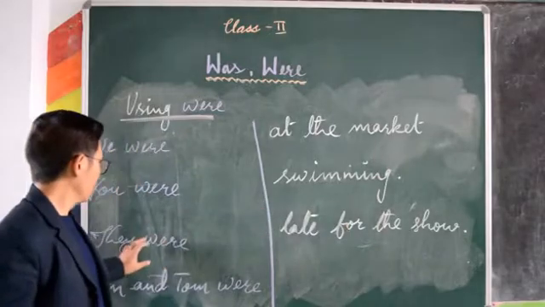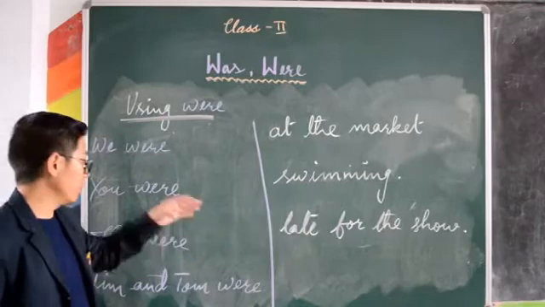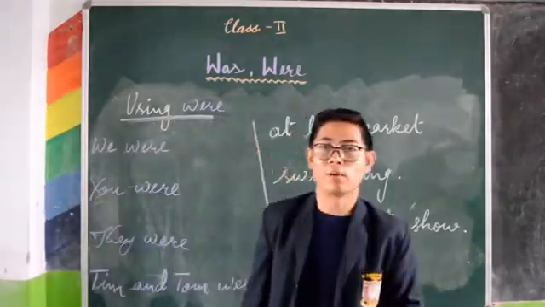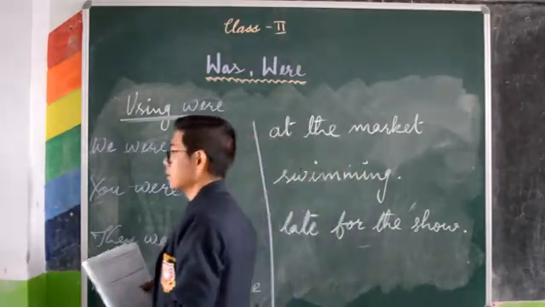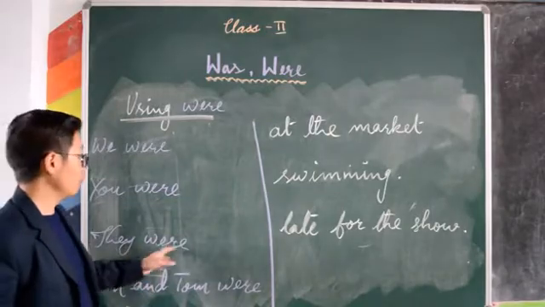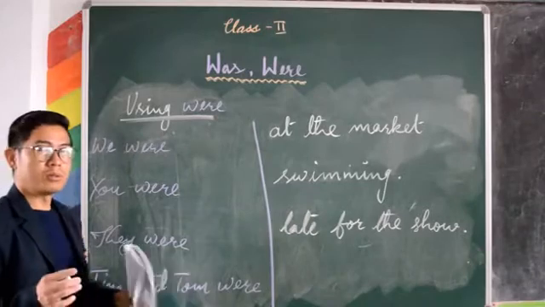Now, how do we describe it? They were. That means the things which already happened. This is not about now. They were late for the show yesterday, or two or three days back, they were late for the show. Now, don't do it now.